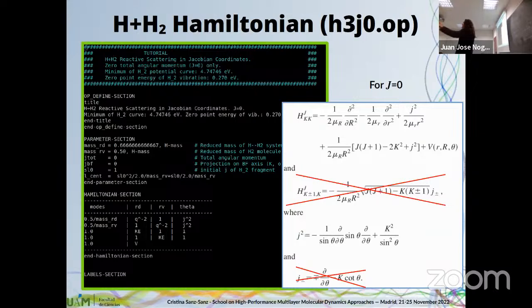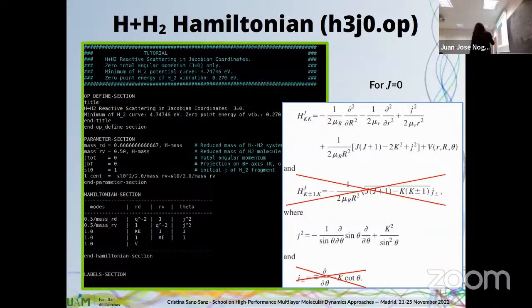But we are going to consider that we have total J equals 0, so there is no projection whatsoever. Okay, that these two vectors will keep moving in the same direction all the time. This is why we are in the body fixed frame, and then we are going to consider J equals 0. That's it, just to make the demonstration a little easier. So, on the left-hand side, in here, I have included the Hamiltonian.